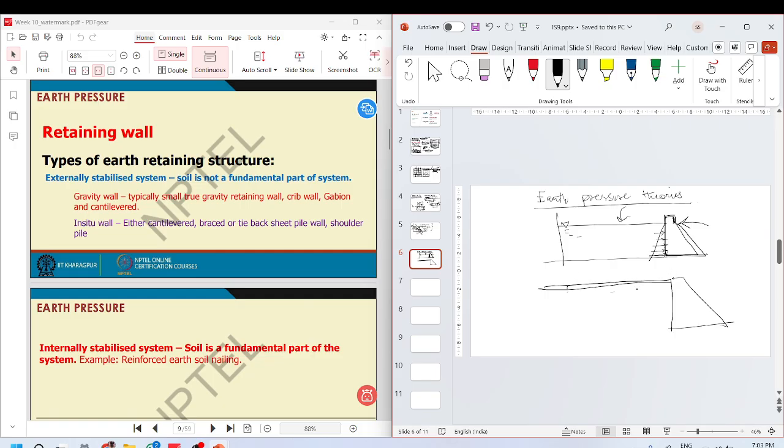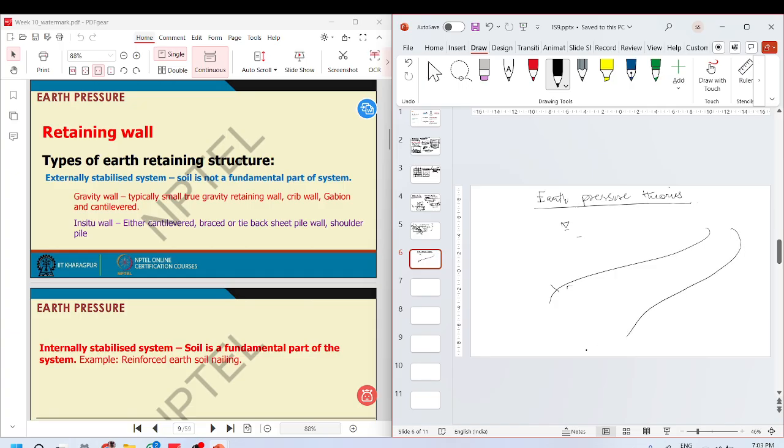For example, say there is a mountainous path and you have cut through a mountain and built a road through it.